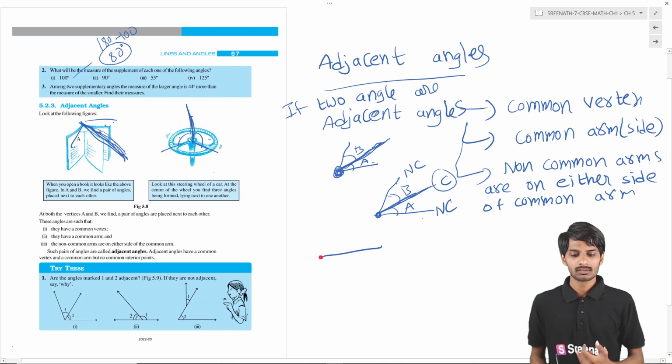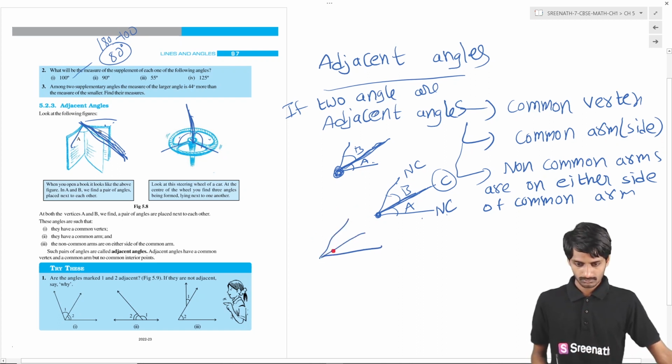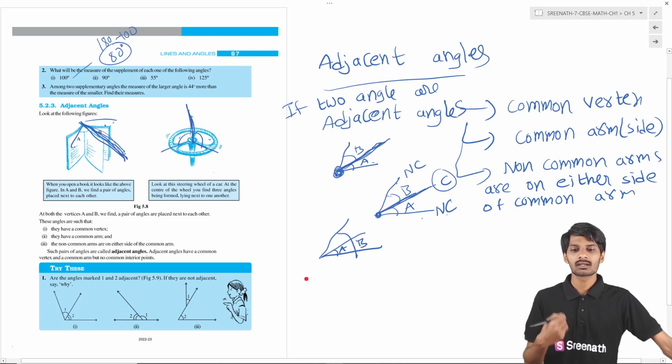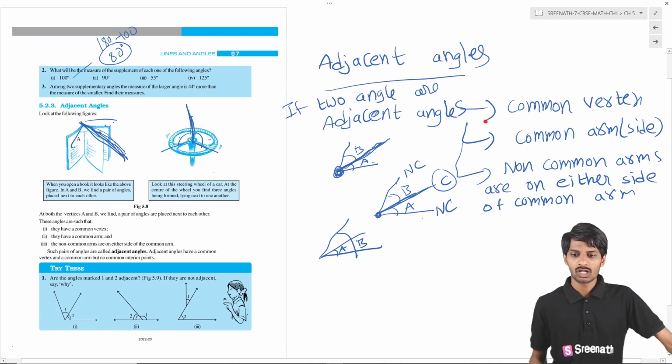Suppose this is one angle A and this is another angle B. Are these both angles adjacent angles? Now check the common vertex. Angle B and angle A both have a common vertex and a common arm.